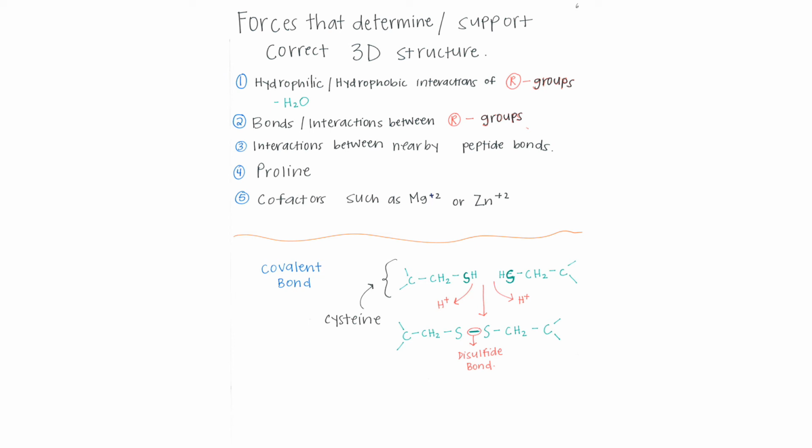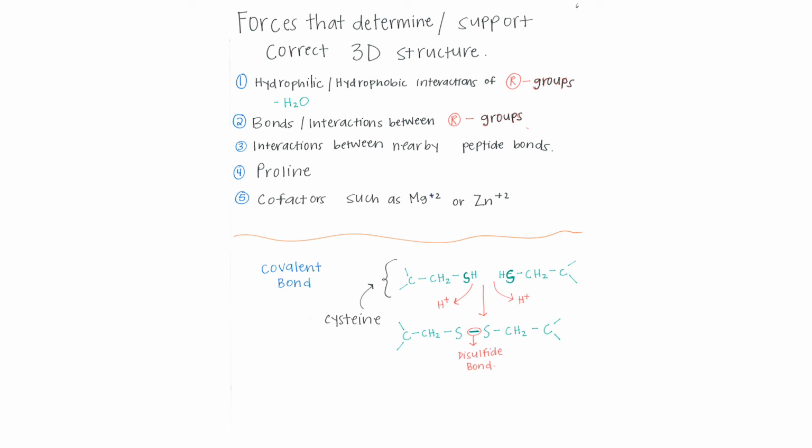Before I talk about that, I just want to look at bonds or associations between R groups. I want to mention one in particular, a particular amino acid, cysteine. When 2 cysteines are brought together, they can form a covalent bond, and that's what's shown here.